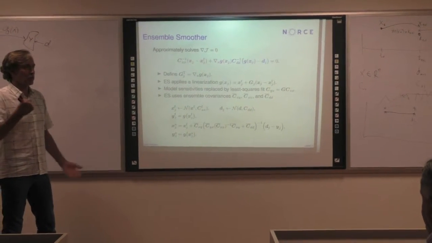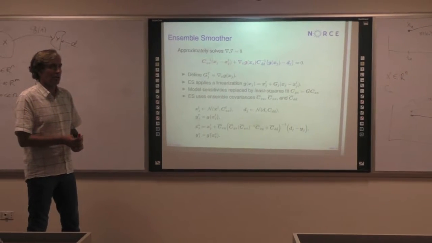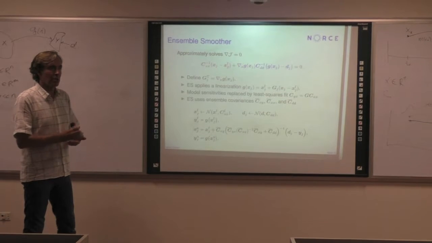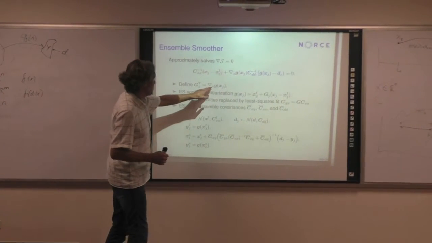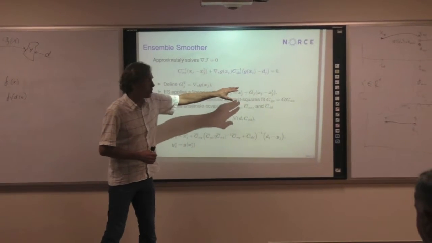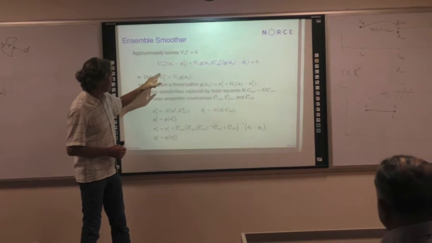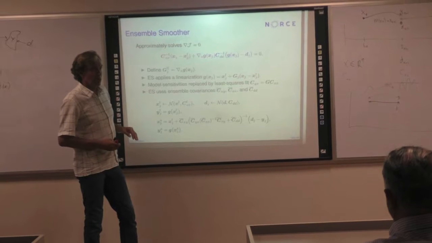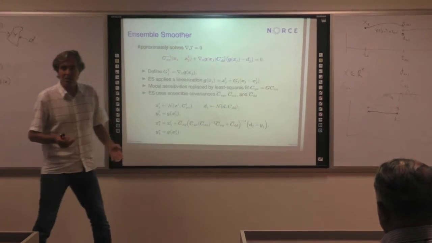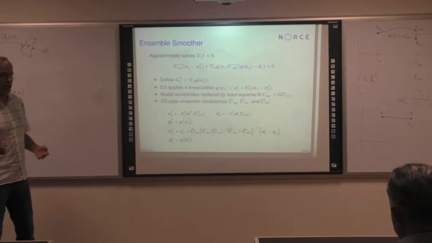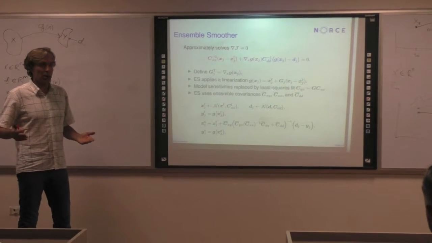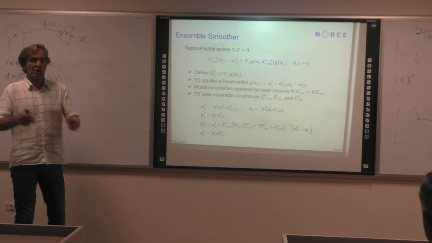Because that was discussed, if not today, at least earlier in the week. It's the adjoint, right? If you use the adjoint model, it's a way of computing these G's individually for each realization. My problem is that in most of the applications I'm working on, I don't have the adjoint. I don't even have the model equations. I just have a simulator that reads some inputs and generates some output.